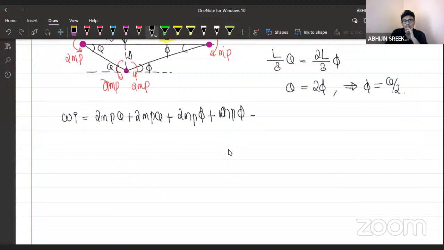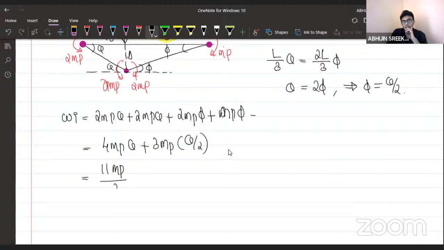That is the internal work done, right? Let us write 4 MP theta plus 3 MP into 5. I am going to write 5 as theta by 2, or I can say it is equal to 11 MP by 2 into theta.